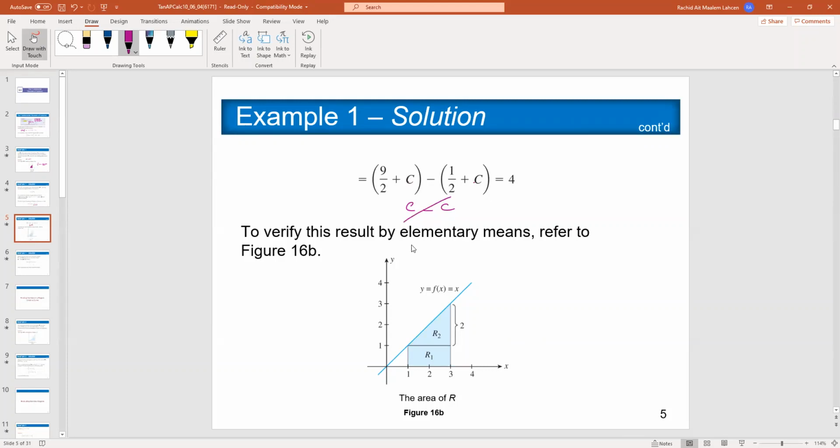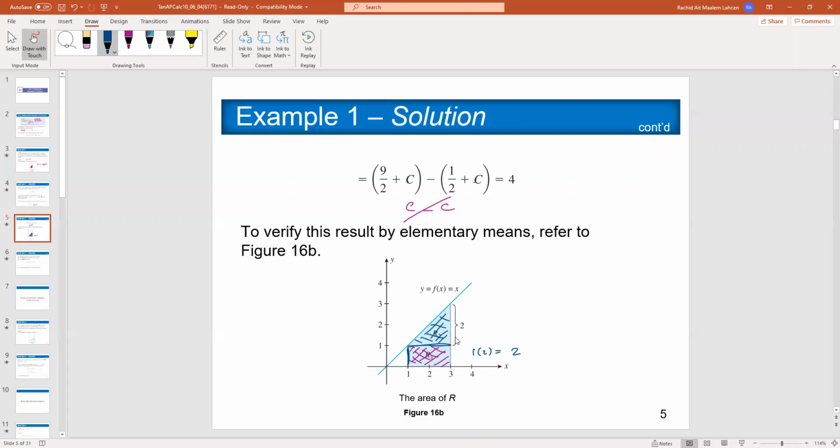And another way, of course, the elementary way, if we want to find this without the integral, of course, for some functions it's not possible, but this one just to help. You could find the area of this rectangle here and the area of this triangle and add them up. This one is 1 times 2, equal to 2.